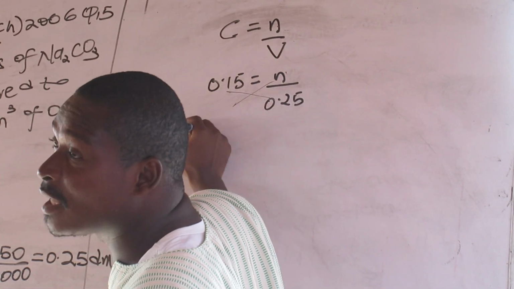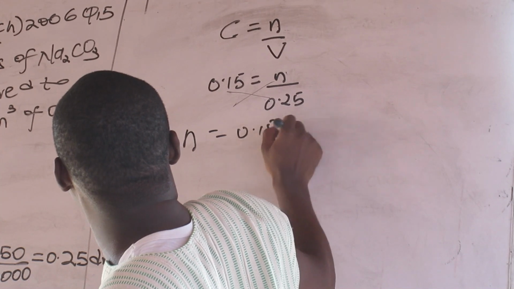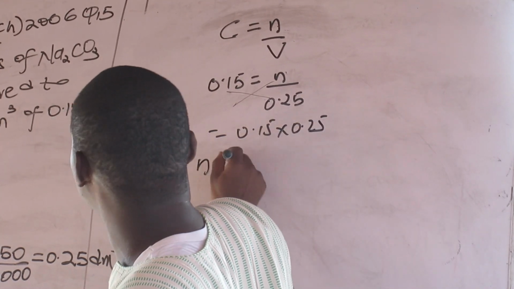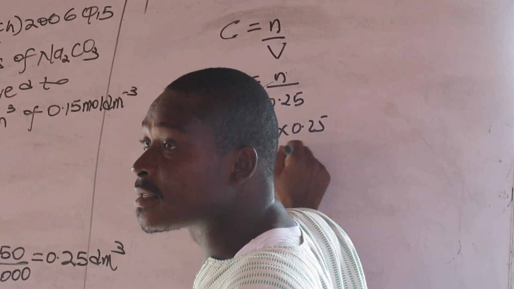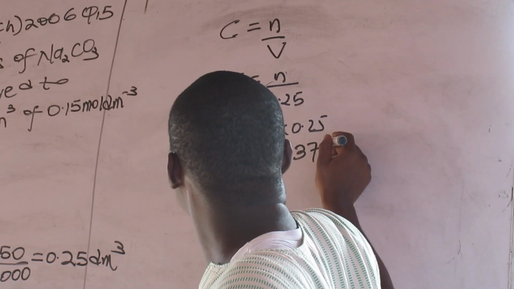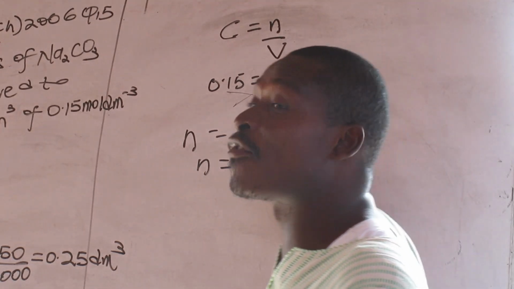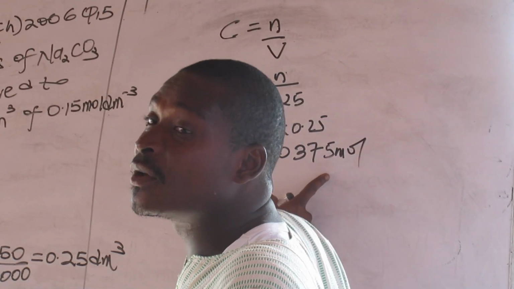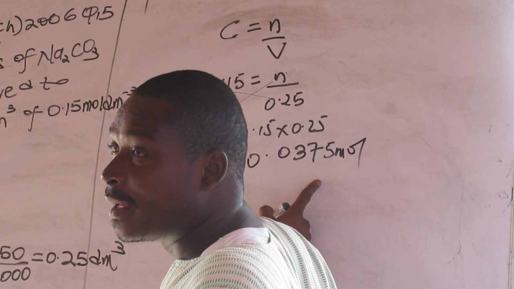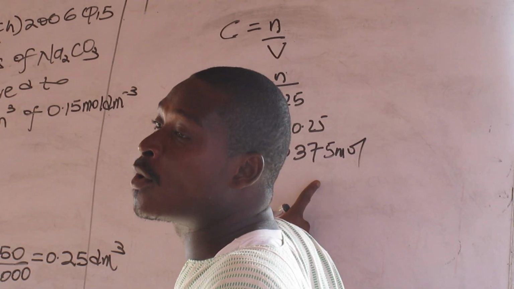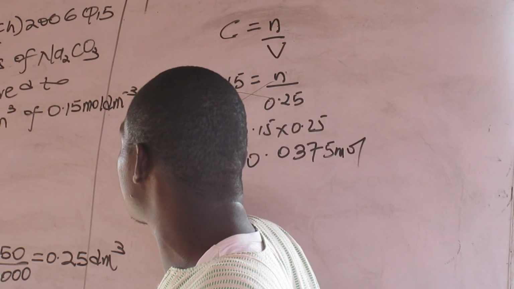So I cross multiply. Do you see that? N is 0.15 times 0.25. Yes. Okay. So this is my number of moles. Are you okay? I've used a symbol for the unit, mol. If you want to spell the units out, it's mole. Moles has a symbol called mol. It's just by coincidence.